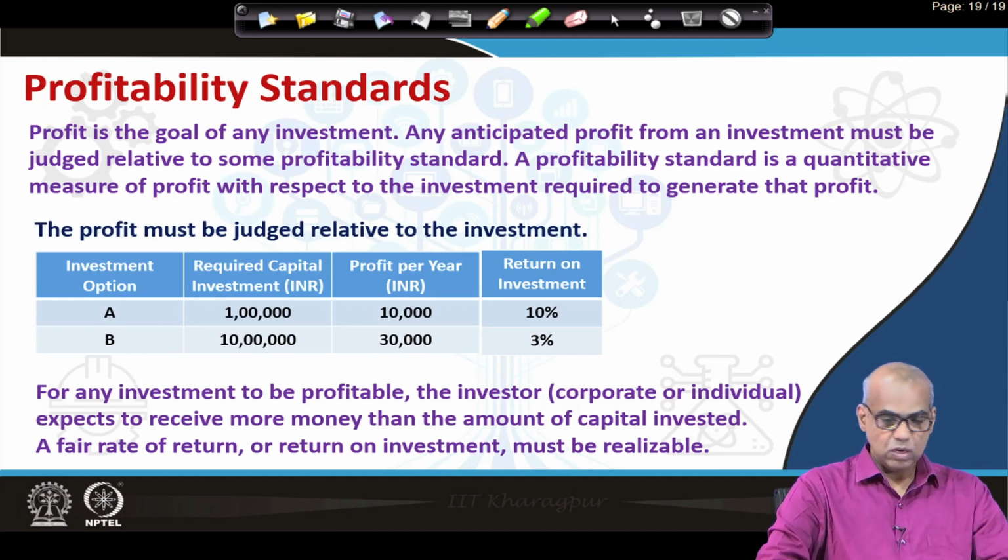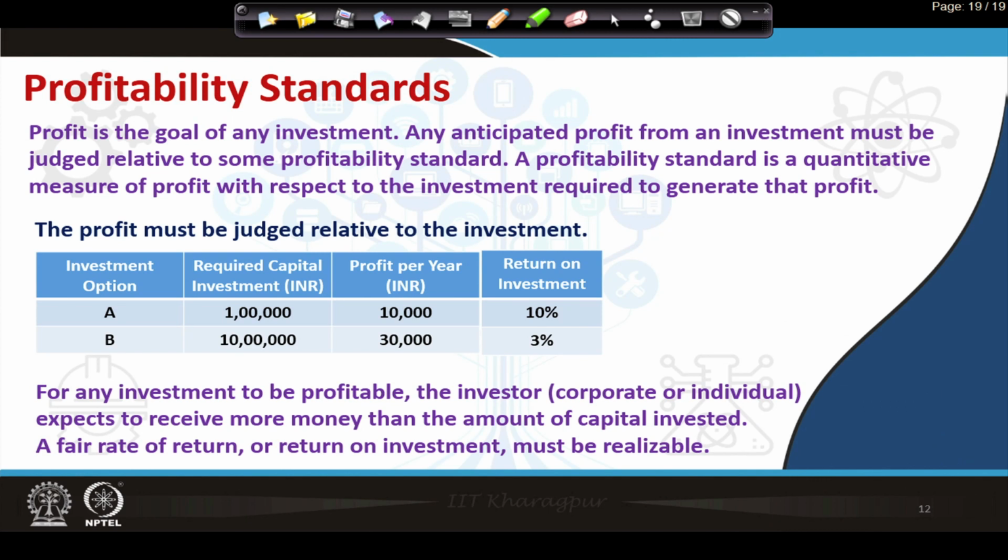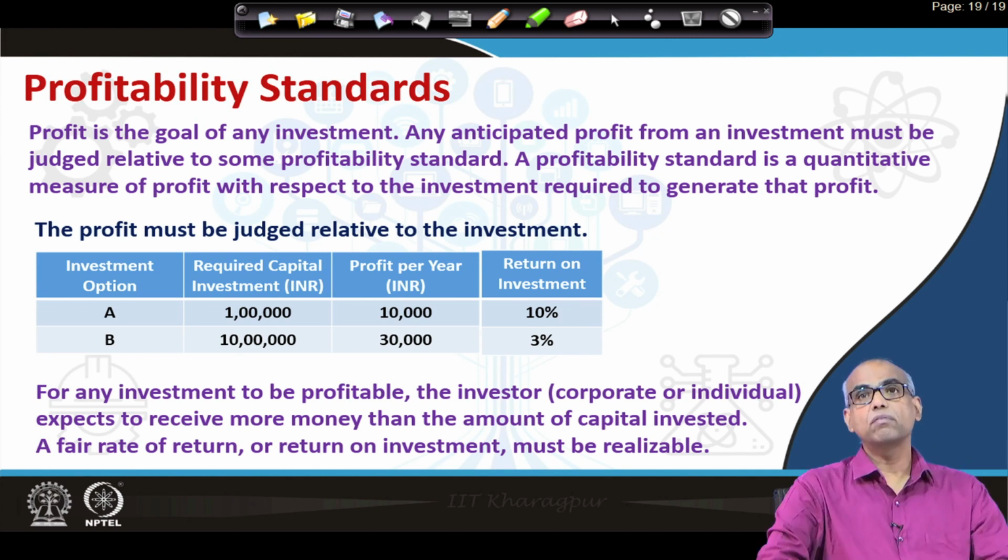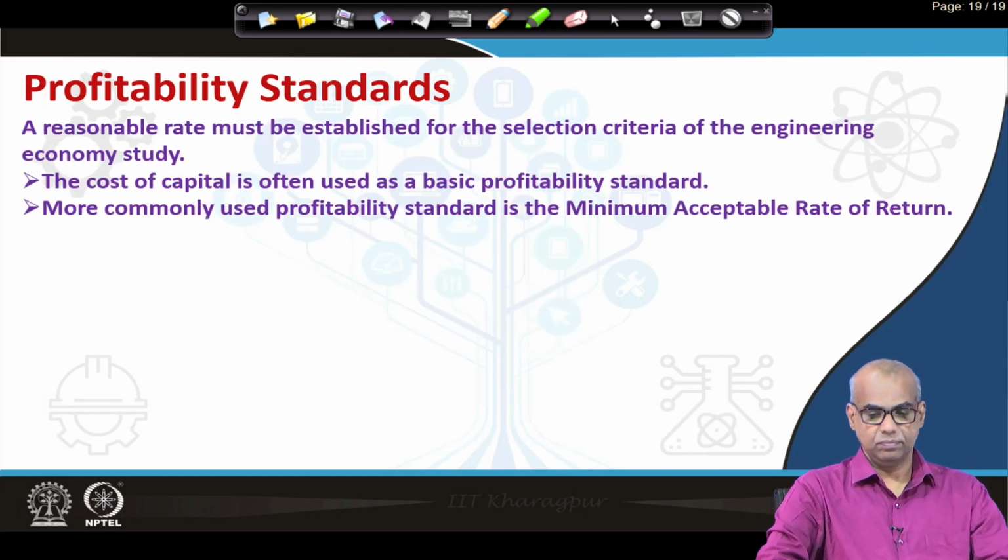Whenever we invest, we expect that we must get more than the amount we invest. So, a fair rate of return must be achieved. A reasonable rate must be established for the selection criteria of the engineering economy study. So, that is profitability standard.